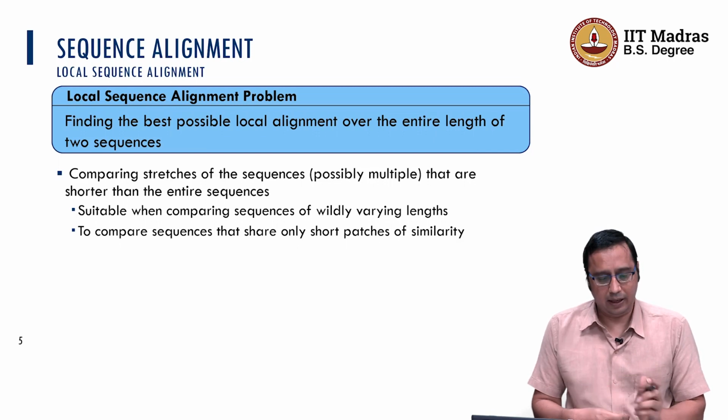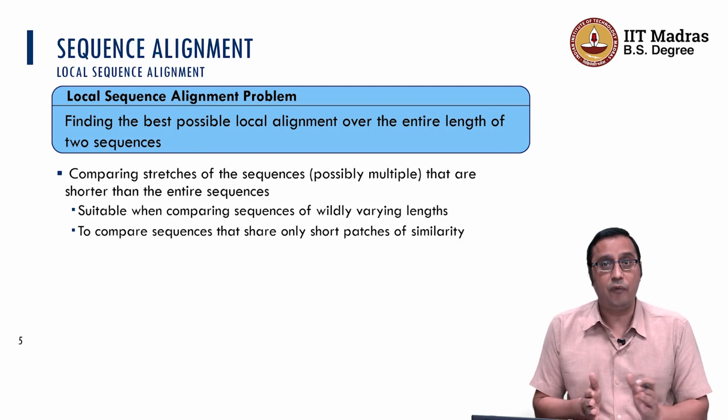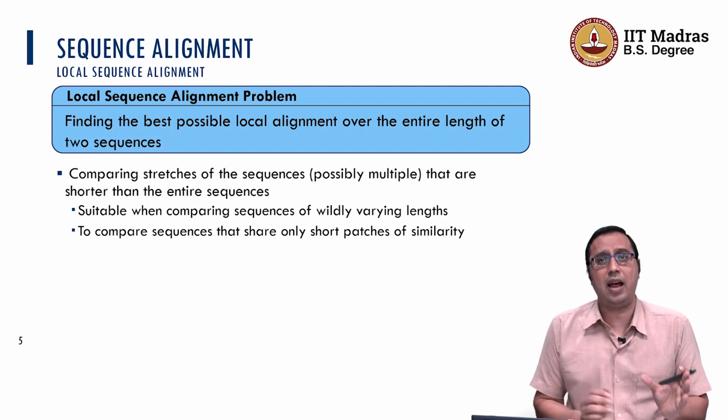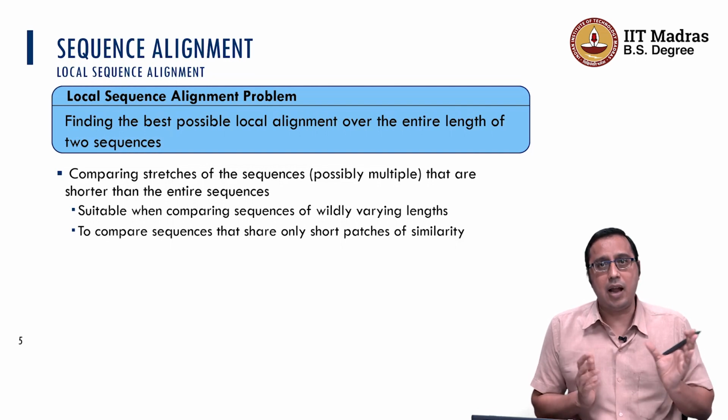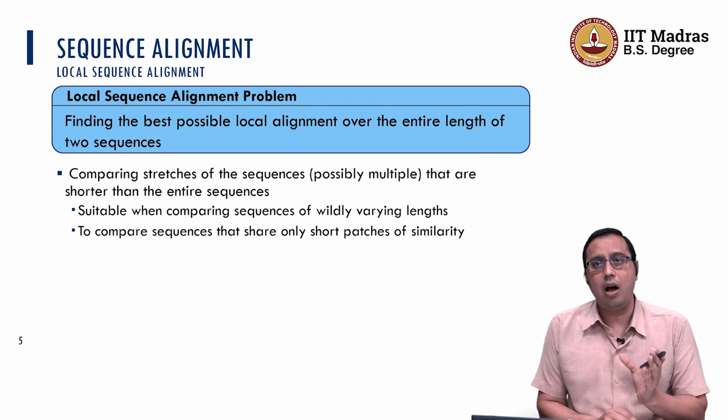Remember that I have two sequences of different length. One might be a very, very large length, and I have another sequence which is small, or a fragment of the large sequence, and I want to see how it aligns with the larger sequence.